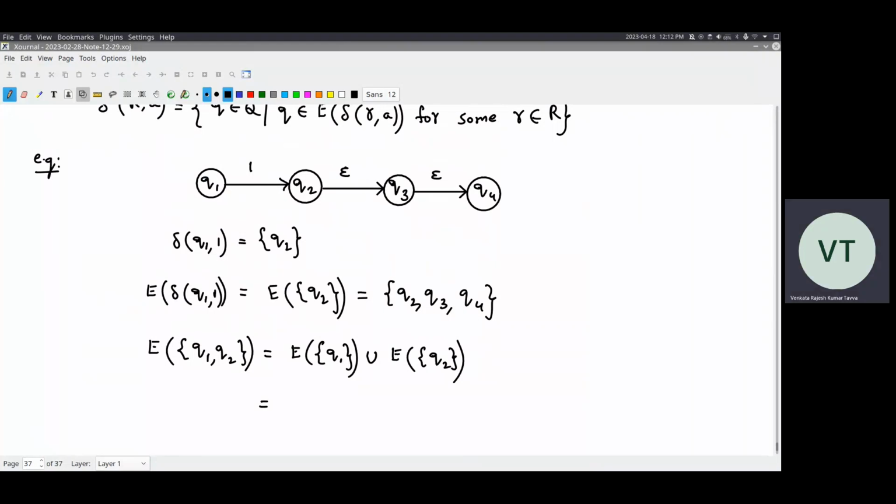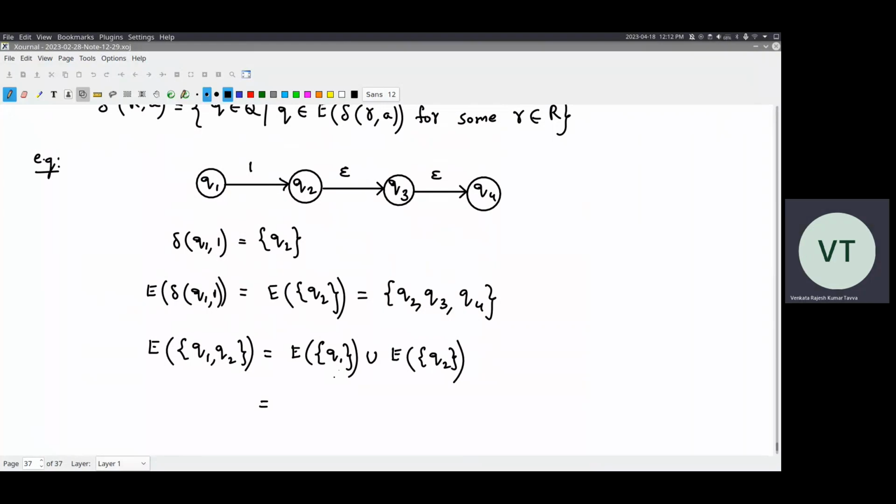What is the definition of E of R? It is the set of all those states which you can reach from R through 0 or more epsilon arrows. In this case, R is only Q1. So what all states can you reach from Q1 through 0 or more epsilon arrows? There is no epsilon arrow between Q1 and Q2.